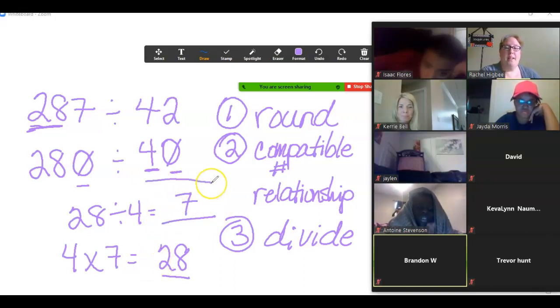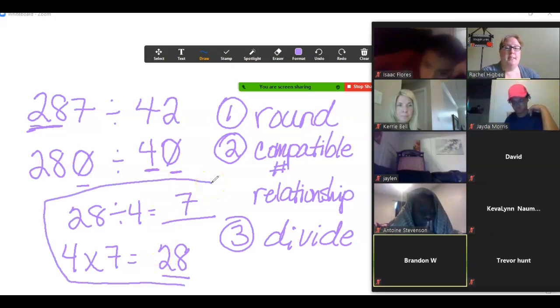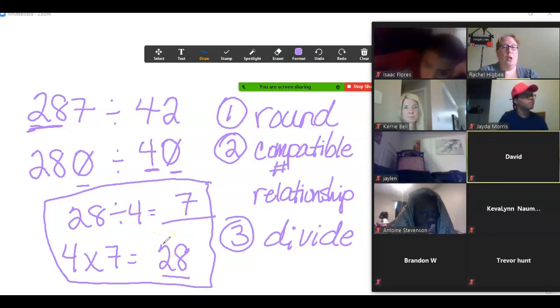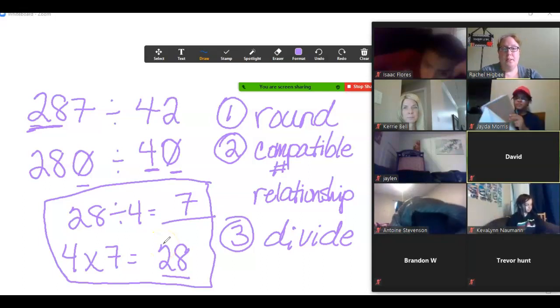Guys, this fact family stuff, you've been doing that since like kindergarten. Okay. It's no different than when you first started learning about fact families. Okay. So you really have to start thinking in this way when you're doing your estimating of quotients. Okay. Questions on this question?